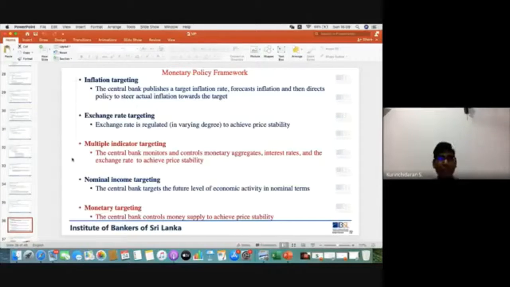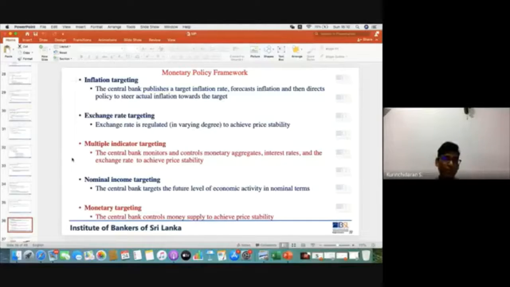The central bank can fix the exchange rate and conduct monetary policy to achieve price stability through targeting the exchange rate. Or some central banks follow multiple indicators, like interest rate, exchange rate, or other indicators together, and conduct their monetary policy.